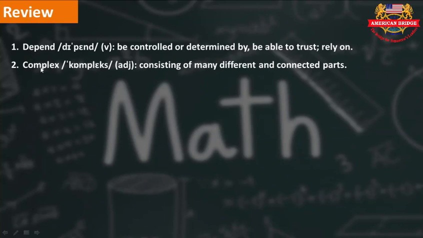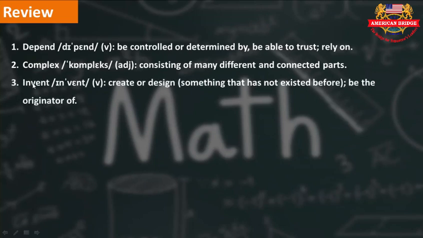Number 2 is complex. Complex, adjective, consisting of many different and connected parts. So when something is complex, it's difficult to solve.